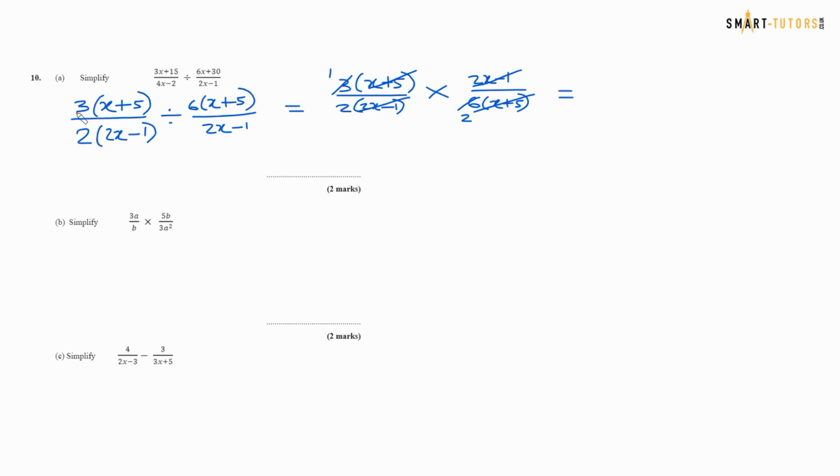So the final answer, 1 is on the top, 2 times 2 is 4. So a quarter is the final answer for the A part.